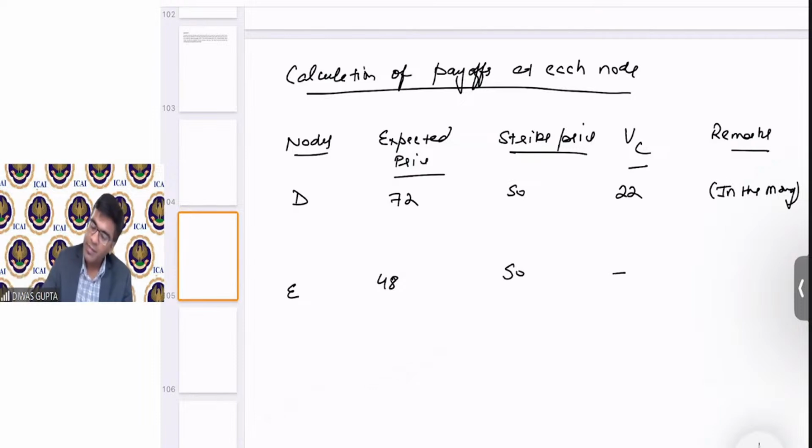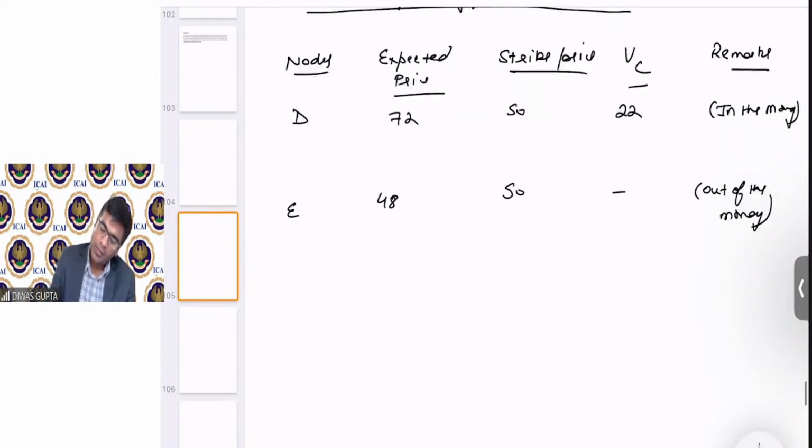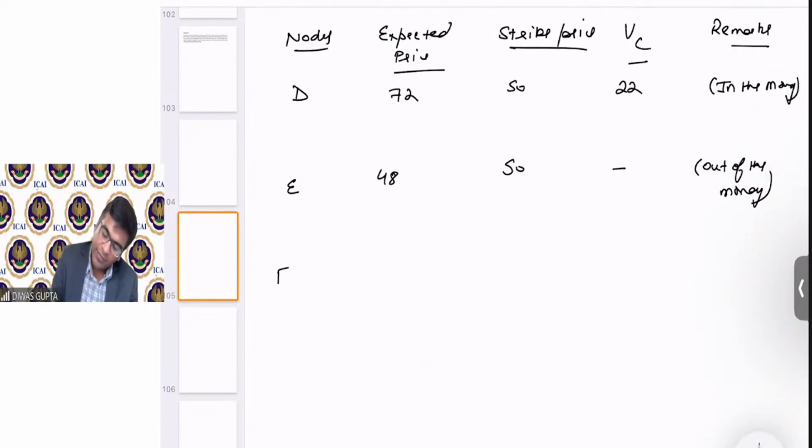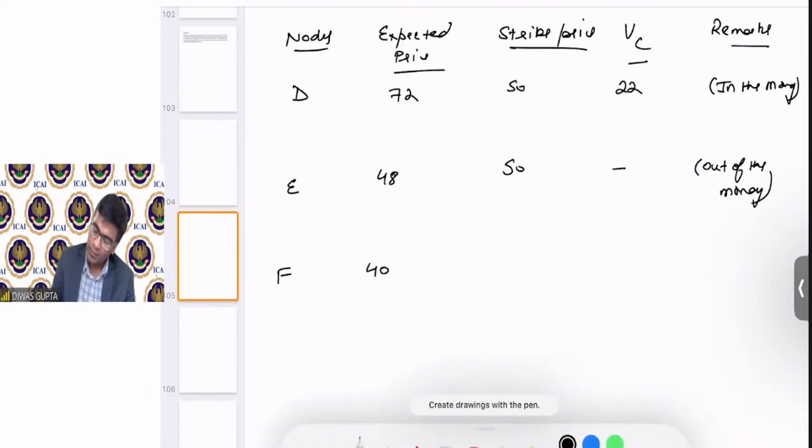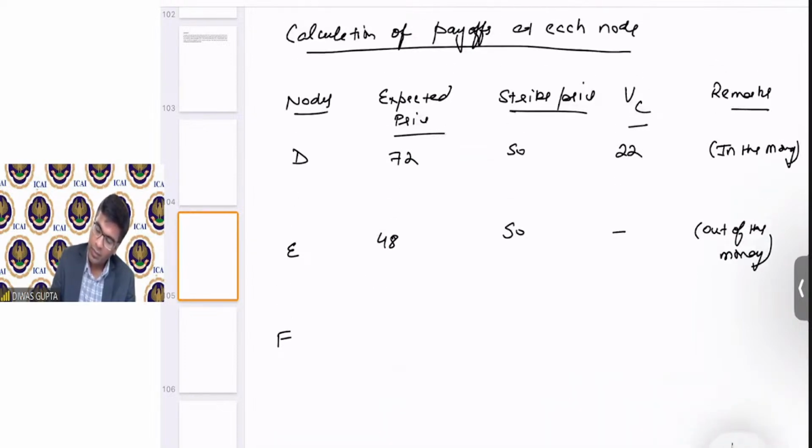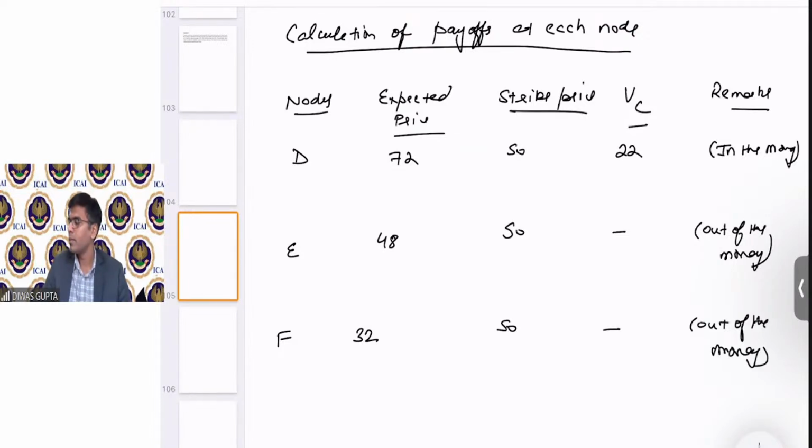Value of call option will be 0 because it has become out of the money. Then comes F. F is actually 40. No, sorry, 32. Okay, and the strike price is 50. So it is also out of the money.